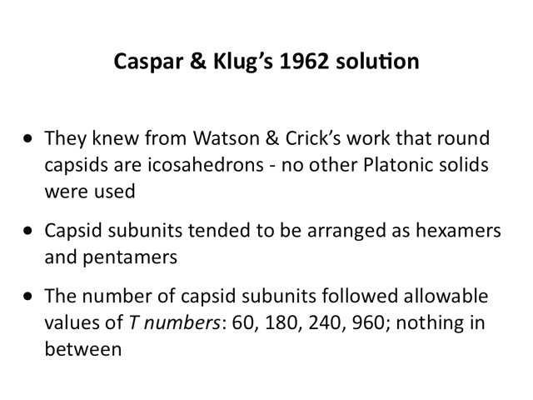And that the number of capsid subunits in the virions followed allowable values of T numbers. We're going to talk about a T number in a moment: 60, 180, 240, 960, and nothing in between.